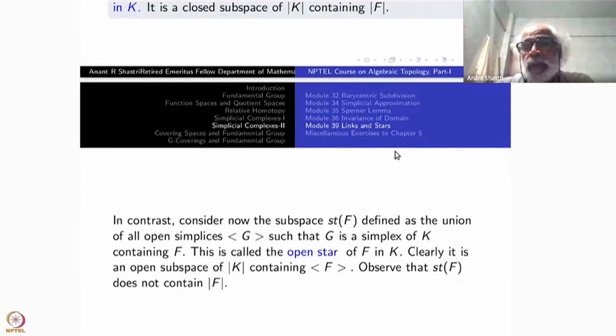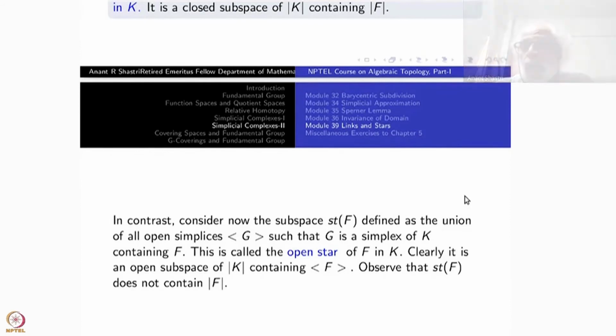So this will be the open triangle union the open simplex on one side, whichever one you have taken. So that will be the open subspace called open star of F, where F was one of the edges. So this example, whatever I have given, must make it clear what is happening here. Inside the closed triangle, a full triangle, this open star will be an open subset.